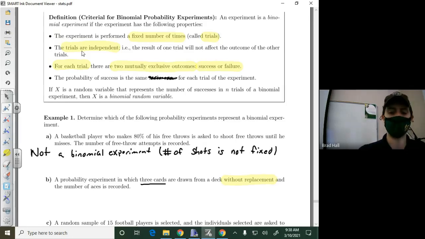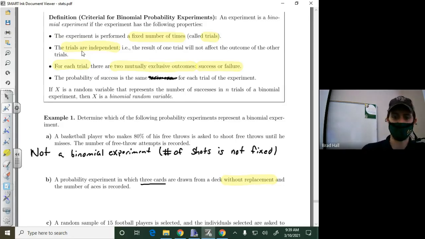The reason that's a key phrase is that it depends on the first card you choose. Without replacement means if you pick up a card, you put that one away. You don't put it back into the deck, which means that card will affect the probability of the next card you choose, because that's one less card to choose from.